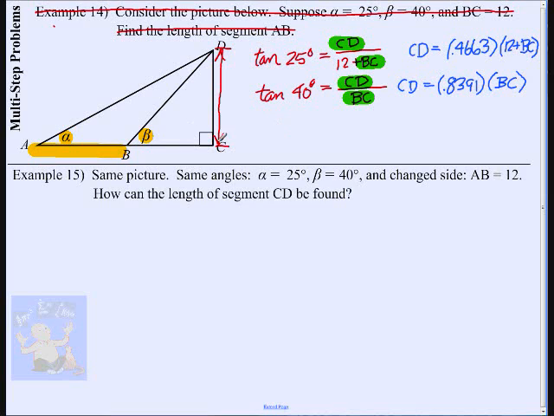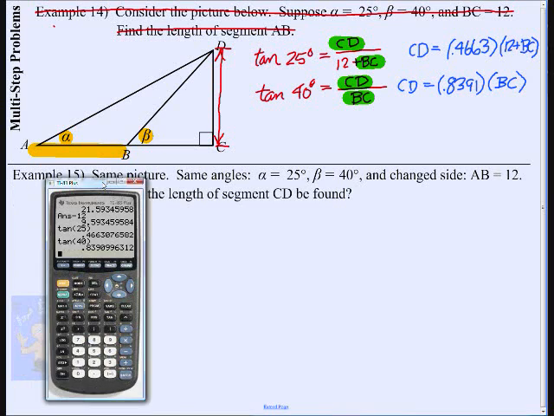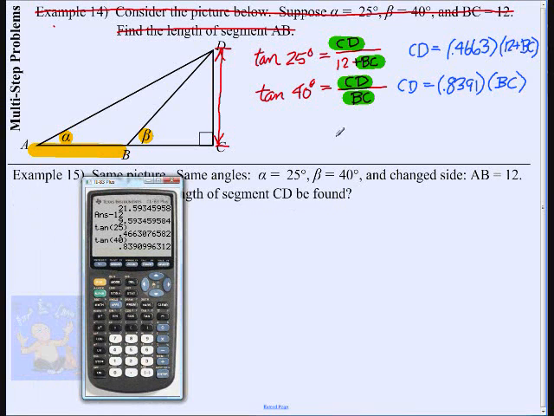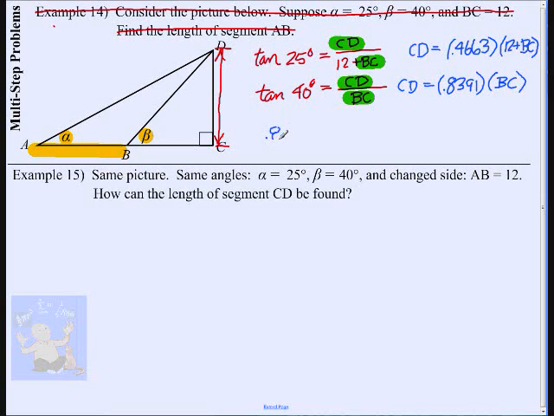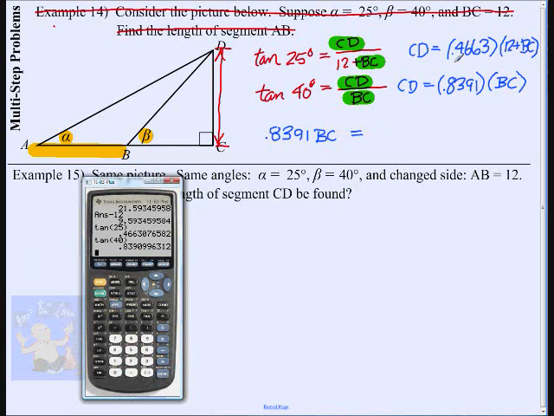So I could solve for BC. I don't know if I'm doing this in the most direct way. I could say, well, two things that are both equal to CD must, of course, be equal to one another. So that would be 0.8391 BC equals 0.4663 times 12.